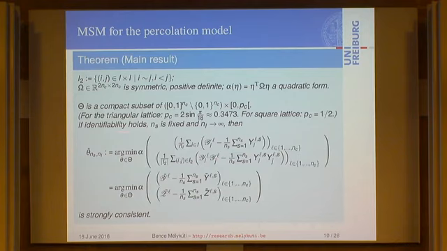And so the statement is that if identifiability holds, which as I said I could not prove, but I'm pretty confident about it, and ns, the number of simulations, is fixed, and ni, the number of vertices, tends to infinity, then using these moments of the vertices and the yj's, and comparing the data to my simulations, taking an average, and minimizing the distance, this estimate will be strongly consistent.